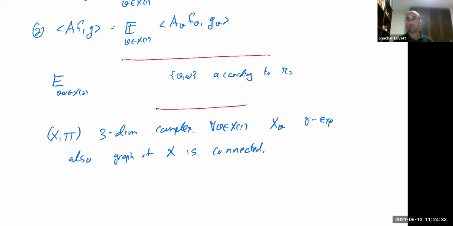Our goal is to prove that X is going to be a good expander. What does it mean to be a good expander? We want to use the Rayleigh quotient.